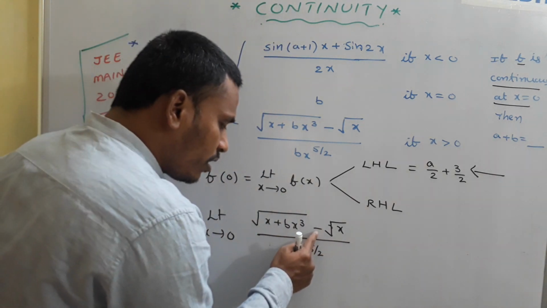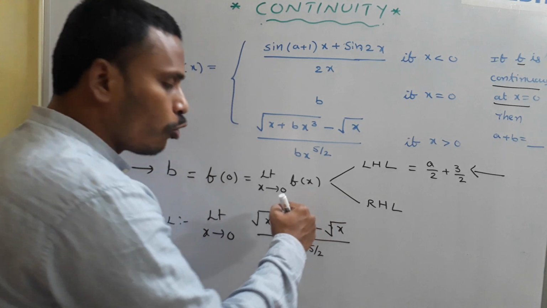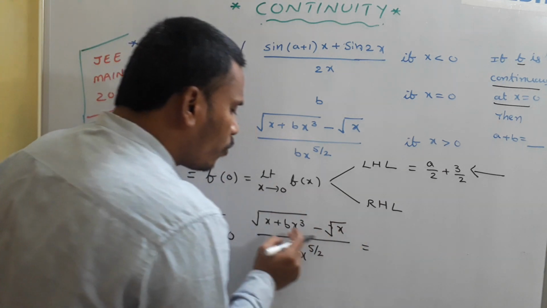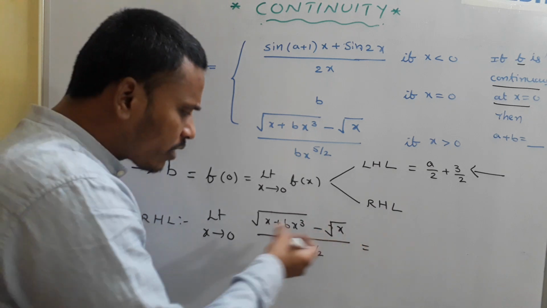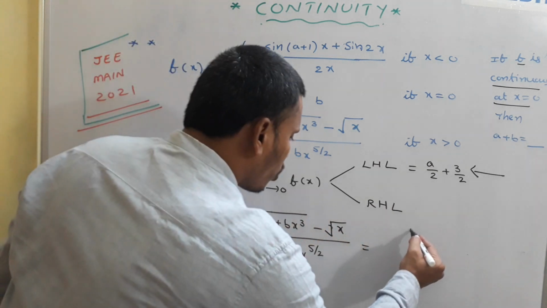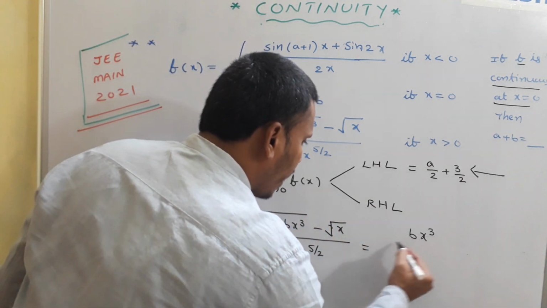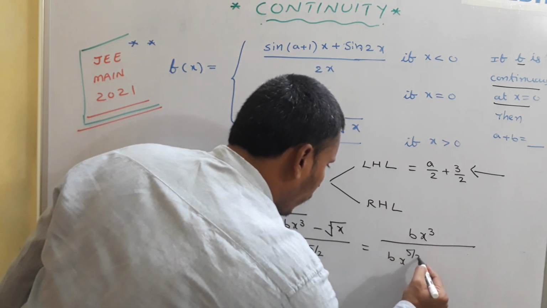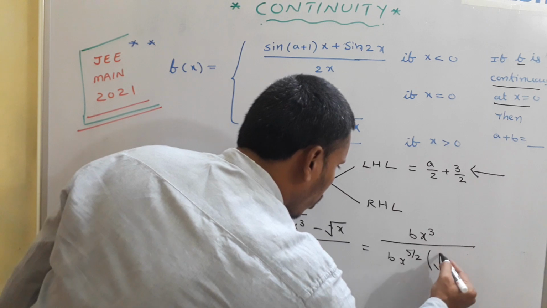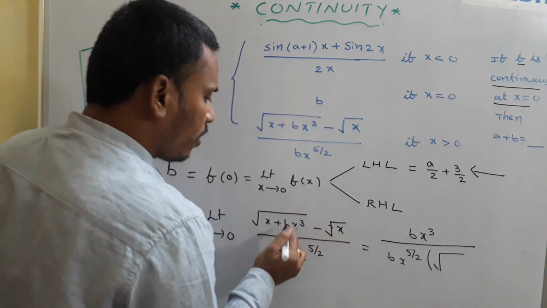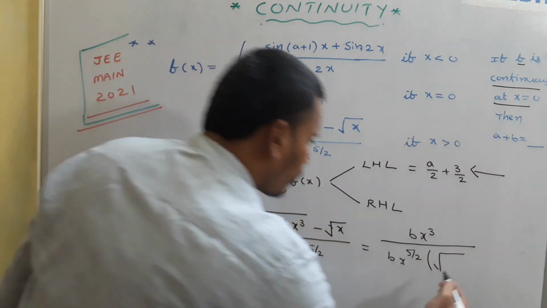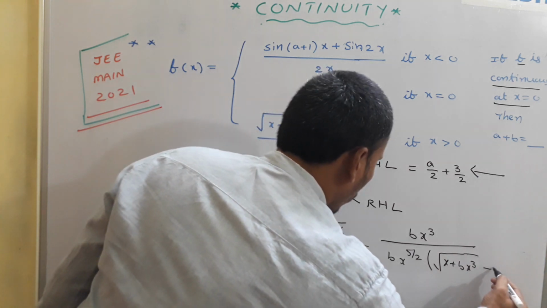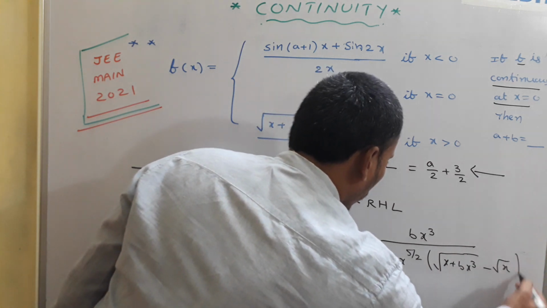That means change the sign here and multiply both numerator and denominator. While multiplying in the numerator, you use the a square minus b square formula. So in the numerator you get bx cube, whereas in the denominator it is bx power 5 by 2 into root of x plus bx cube, plus root x, with the sign changed.